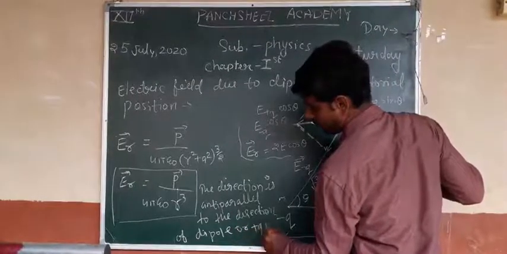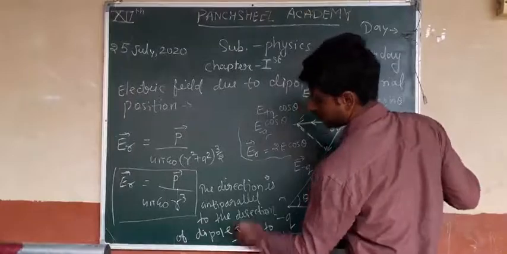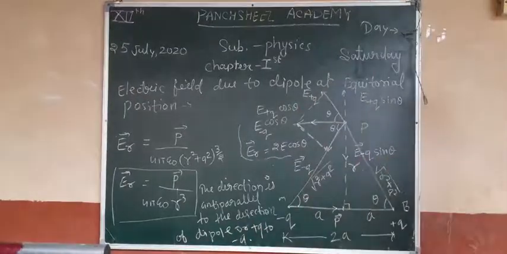This is the direction of electric field due to a dipole at the equatorial position.